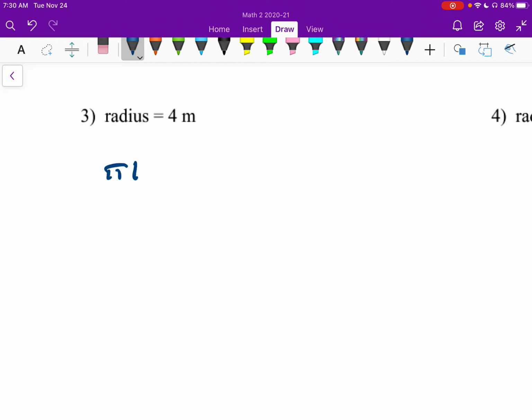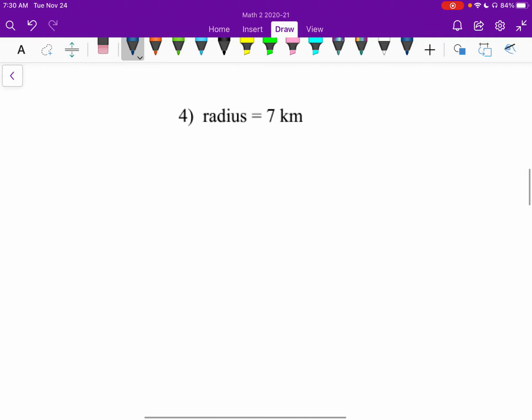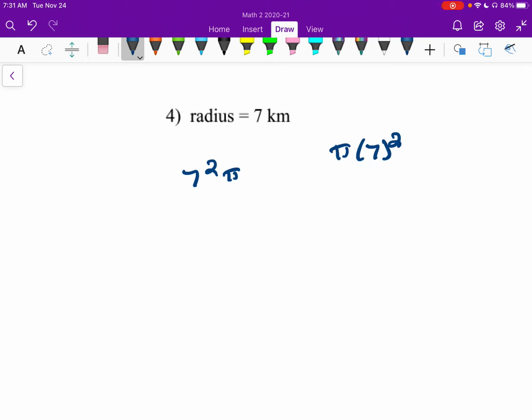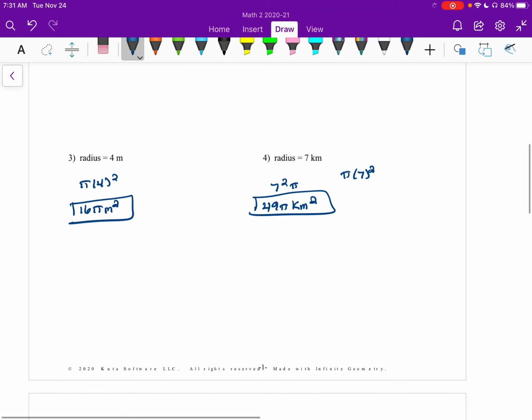So pi 4 squared, 16 pi meters squared. Number 4, my radius is 7. So it's going to be 7 squared pi, or pi 7 squared, and that'll be 49 pi kilometers squared. Right, hopefully not too crazy.